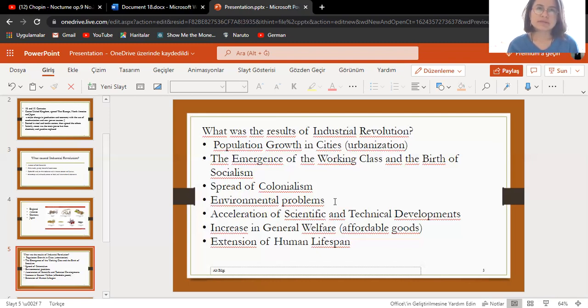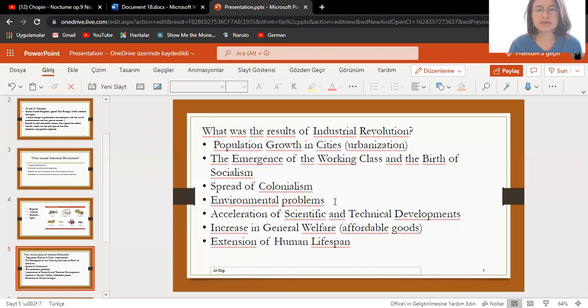Movements or decisions like that made people learn, made people invent or explore something new. And as we said, the acceleration of scientific and technical developments was faster at that time.